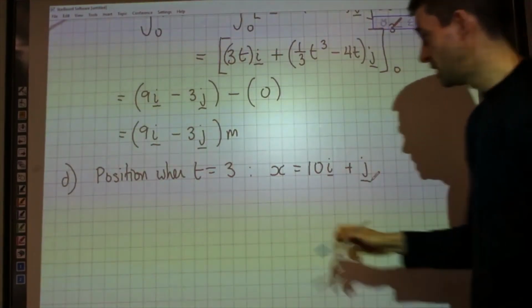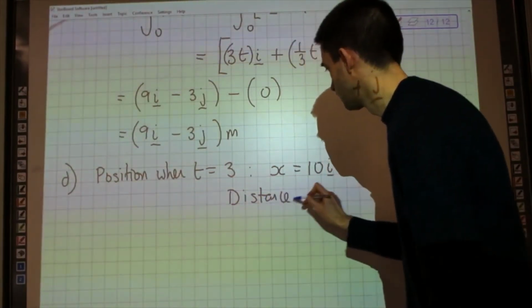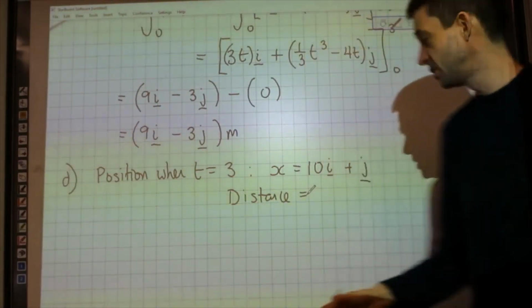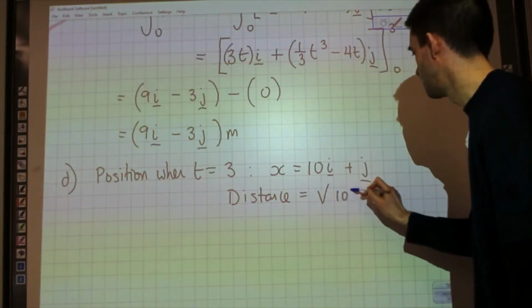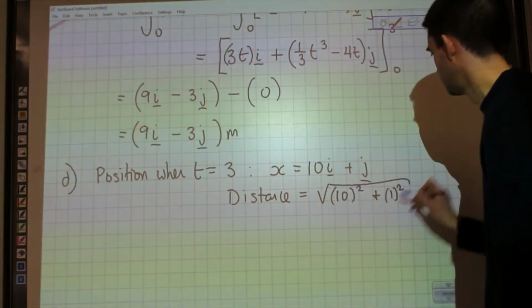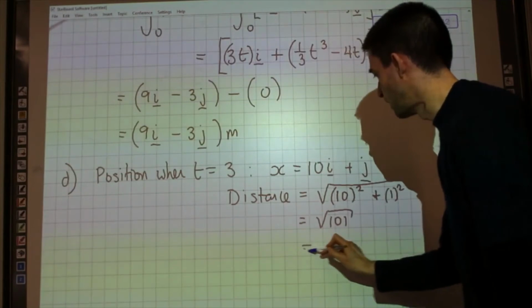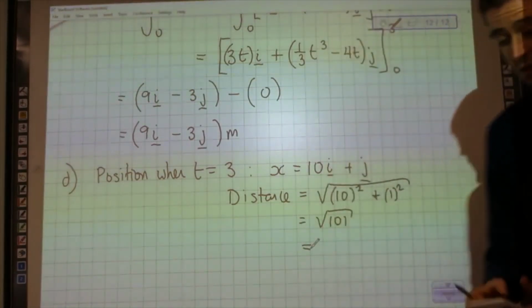To turn that into a distance, which is a scalar quantity, we're going to have to crack out Pythagoras, turn it into a magnitude, which is the square root of 101, which is going to be about 10, isn't it?